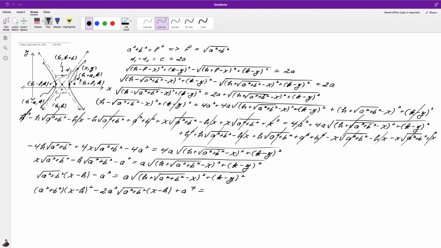A squared is just going to be multiplied by both of these. Okay, I'm going to use the distributive property here. Hopefully you're okay with my doing this efficiently. Okay, so let's check the right-hand side.